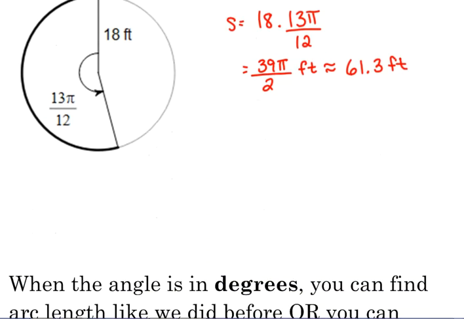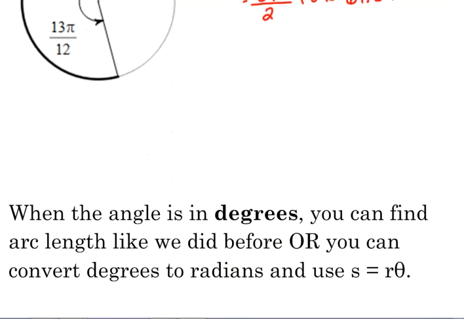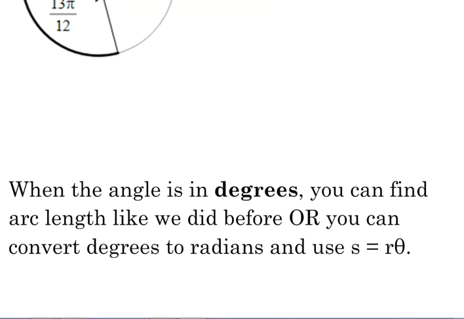All right, now, if the angle is in degrees, you can find arc length like we did before. Let's remind ourselves of how we found arc length before when it was in degrees. Remember, arc length is a portion of the outside of that circle.